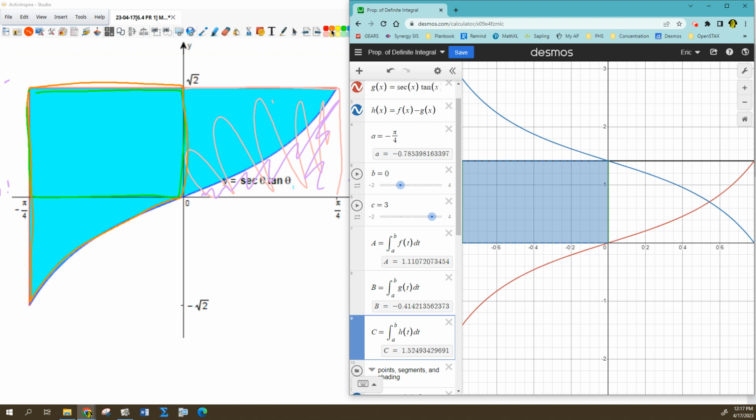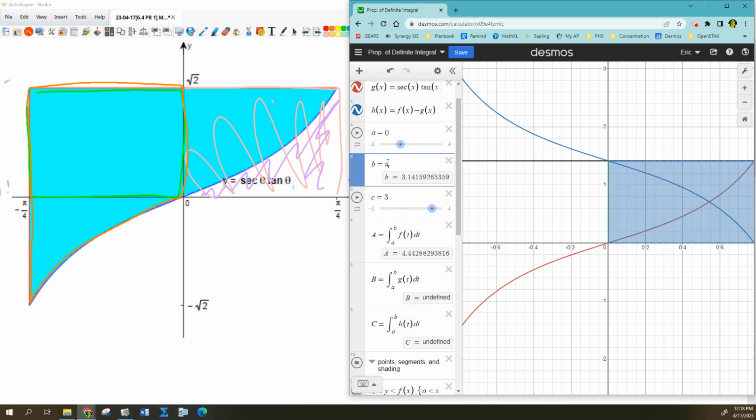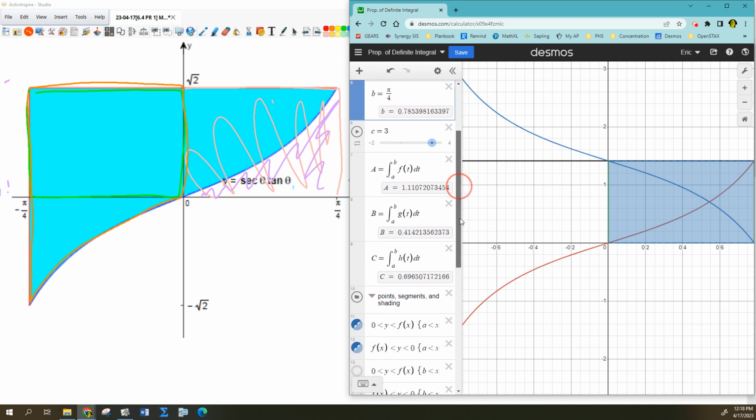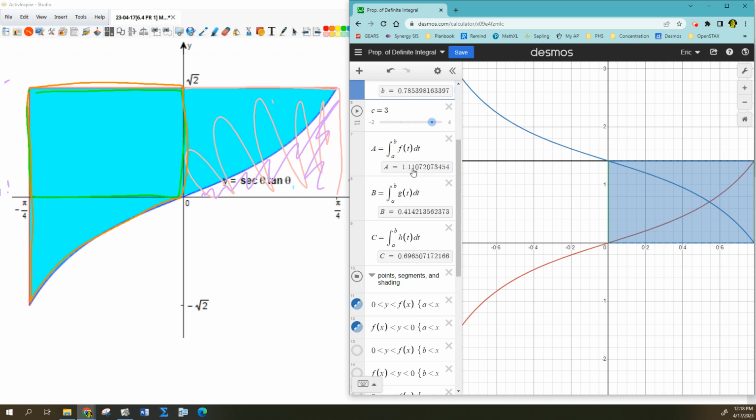Like if I just shift our limits of integration, a is going to become 0 now, and b is going to become positive pi fourths. What do you find? Okay, then you find that the area under the top function is same as it was before, right? They're symmetrical, so it's just 1.1107, blah, blah, blah.